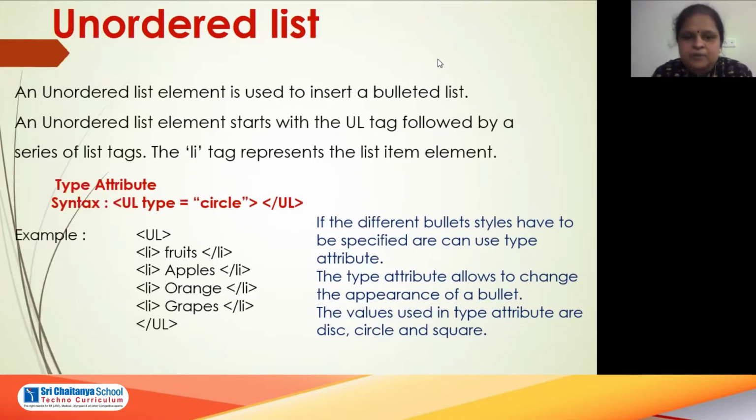Then type is equal to circle. This is nothing but what type of bullet you want to appear. You can give disk, circle, or square. All these you can display as an unordered list.